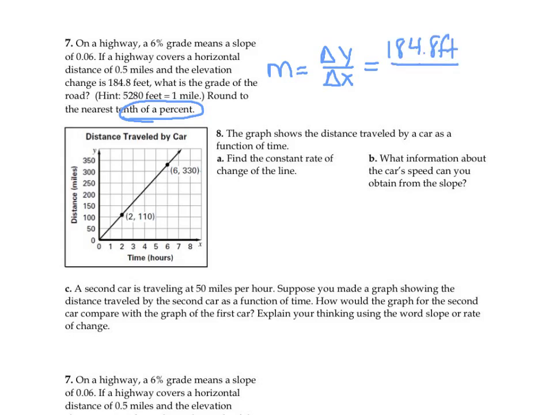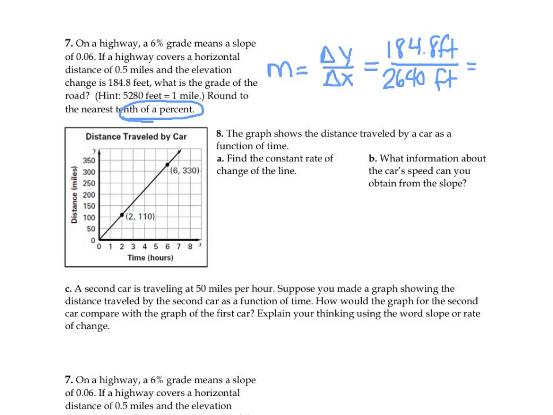So my rise is 184.8 feet, and the run, the horizontal change, is a half mile. But remember we talked about yesterday how we had to have the same units. So I need that half mile in feet. So I'm going to take my calculator, and I'm going to do 5,280 divided by 2, or 5,280 times 0.5. That gives me 2,640.